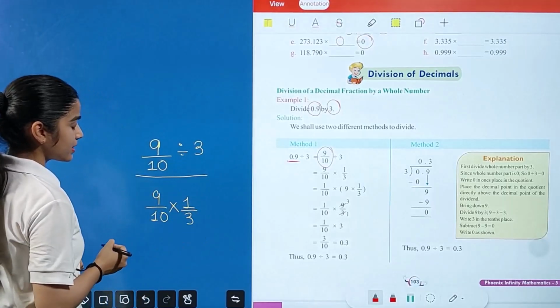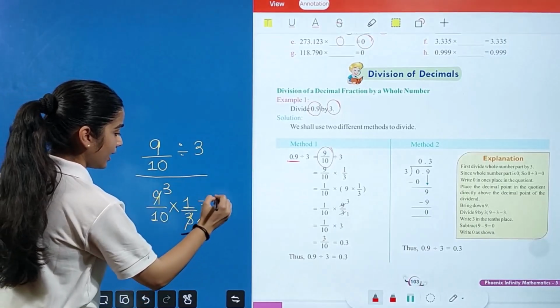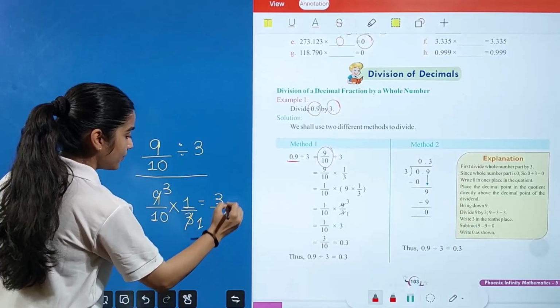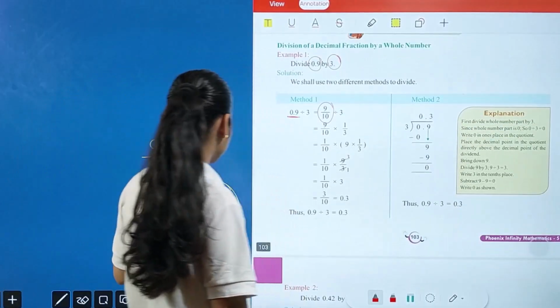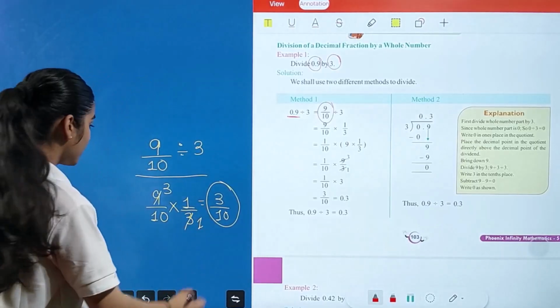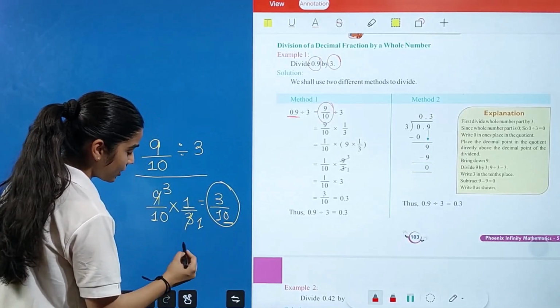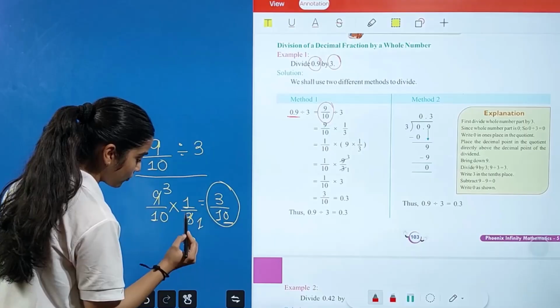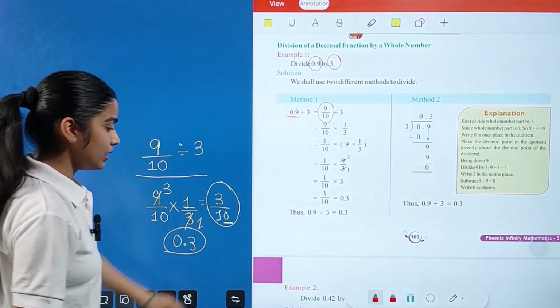Now you simply solve it. 3 ones are 3 and 3 threes are 9, and 3 by 10 is your end answer. Okay students, now when you have 3 by 10, how can you translate this into decimal? Because we have only 1 zero, from the left hand side if we count 3, then we have to put a point and 0. So 0.3 is your final answer.